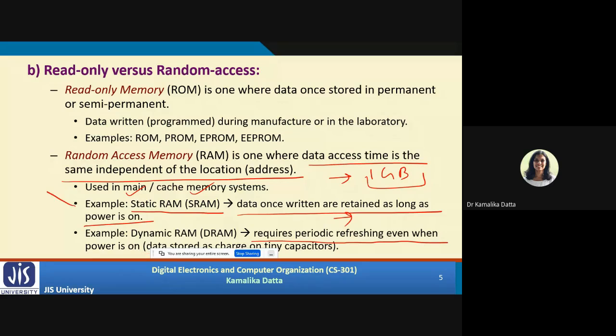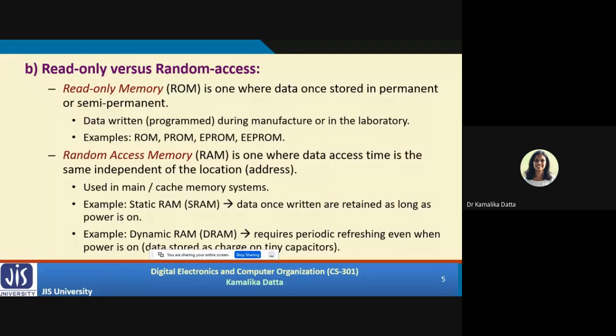Because the structure of SRAM and the structure of DRAM are different. More transistors are required to build SRAM, and fewer transistors are required to build DRAM. We will look into all these details in the next semester course. But for now, understand that static RAM and dynamic RAM both store volatile data.